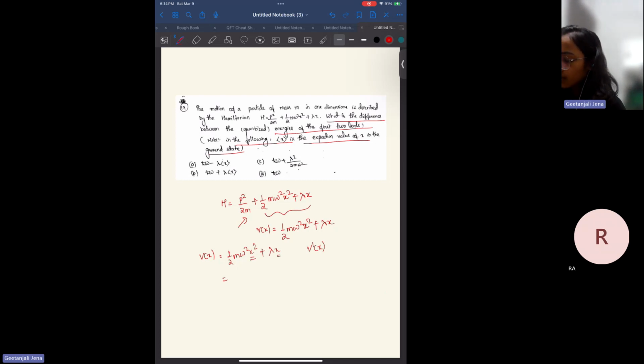We can add a constant and also subtract a constant so that we get an (a plus b) squared kind of term, and that will be similar to the old potential. Okay, so let's solve it. This is half m omega square x square plus lambda x. Here first let us factor out the constant term, which is half m omega square times (x square plus lambda x times 2 by m omega square).